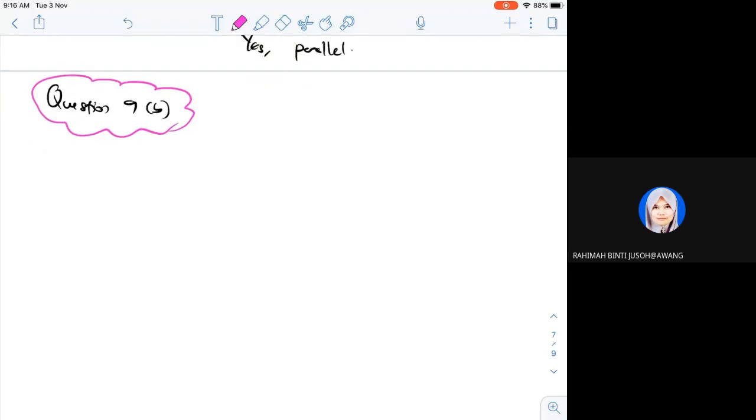Okay, kita ada line x equals to 1 plus t, y equals to negative 1 plus 3t, and then z equals to 2 plus 4t. And then the plane, we have x minus y plus 4z equals to 7.